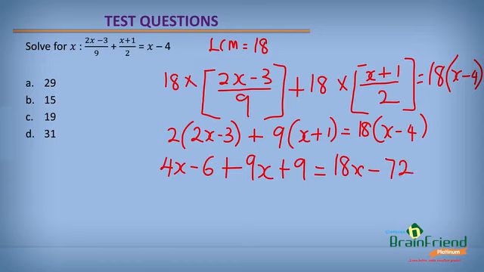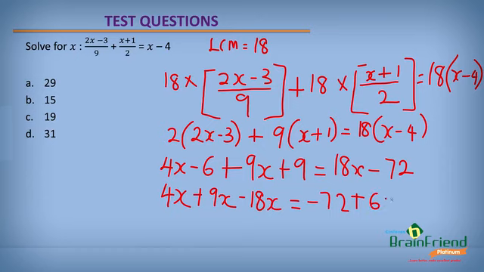Now bringing like terms together, we have 4x plus 9x minus 18x because it's crossing the equal to sign. And then minus 72 plus 6 minus 9. So 4x plus 9x minus 18x gives minus 5x.